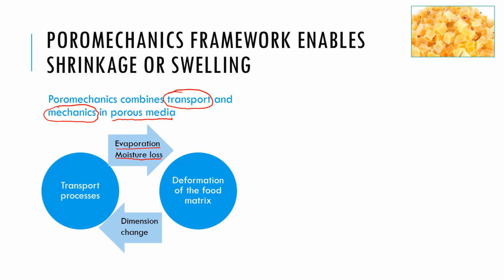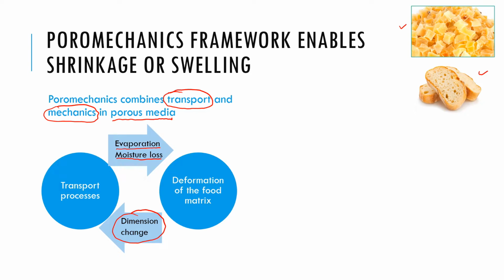So those examples, like this one, it uses pressure to deform, and then this one shrinks due to moisture loss. That's how transport leads to deformation. And then deformation in turn affects the transport.